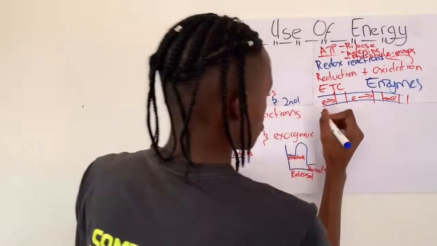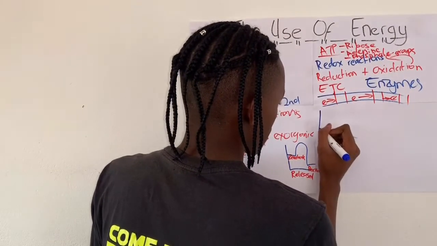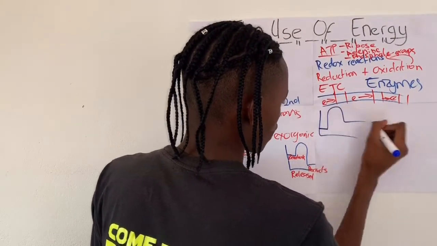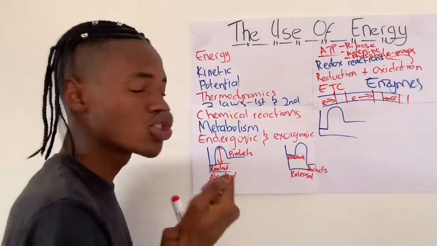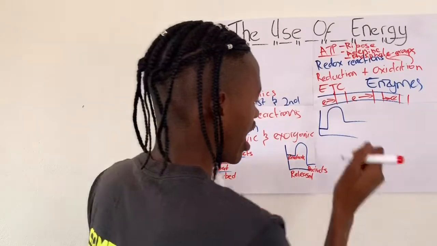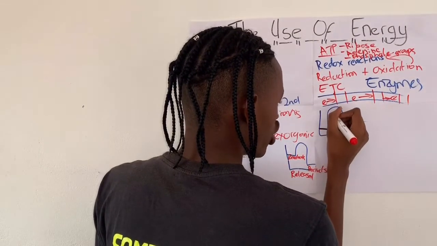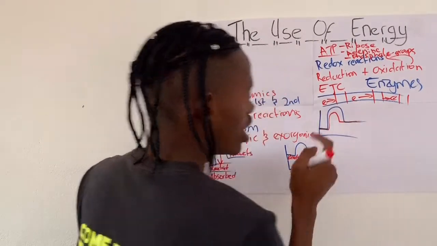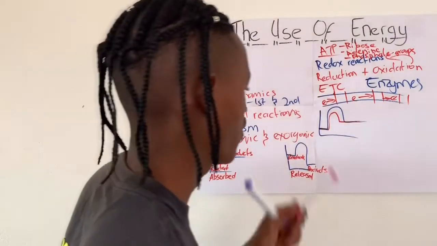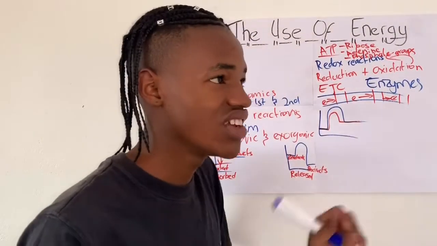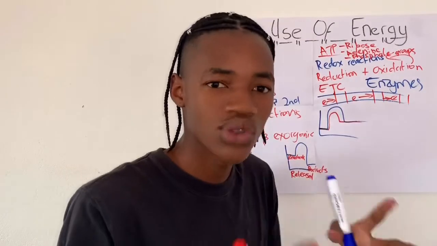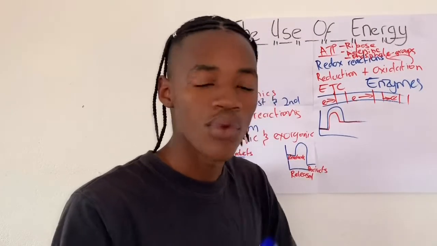So now remember we had this. You see the activation energy is high. So what an enzyme does, it comes in and it lowers the activation energy, and then the reaction occurs at a faster rate. You can see that this one is lower, meaning that the activation energy is lower and the reactants come together faster and the reaction proceeds faster.